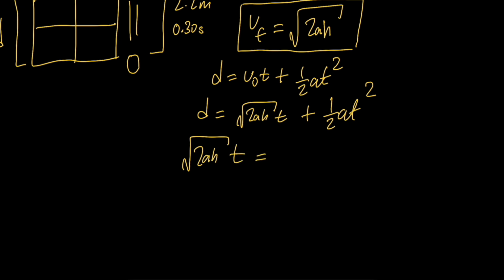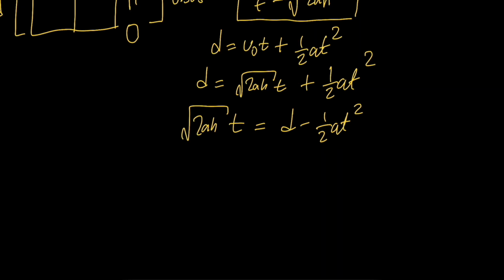So we can subtract 1/2 at squared from both sides. Now we can divide both sides by t, then square both sides and divide it by 2a. So I'm going to do all of those steps in one here.